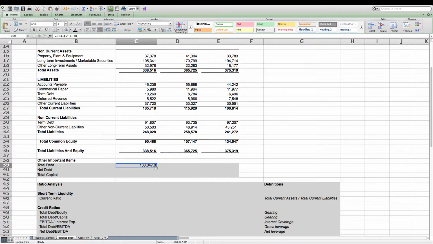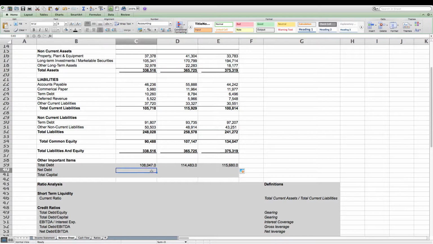And then we effectively just transfer over this formula to the following years. Now, this gives us the total amount of debt that Apple has on its balance sheet on each of these years. And it's the sum of the total short-term debt and the total long-term debt.